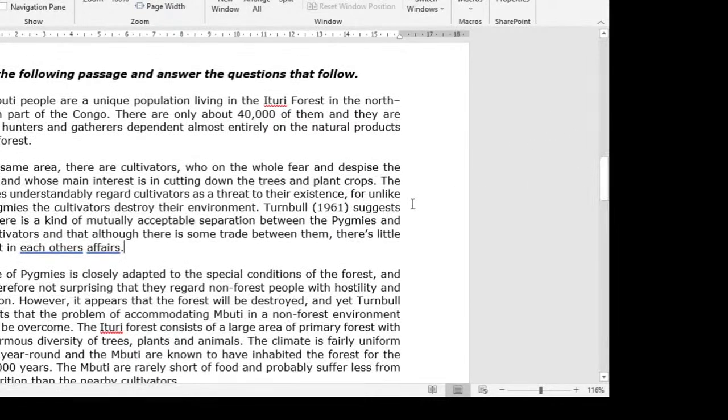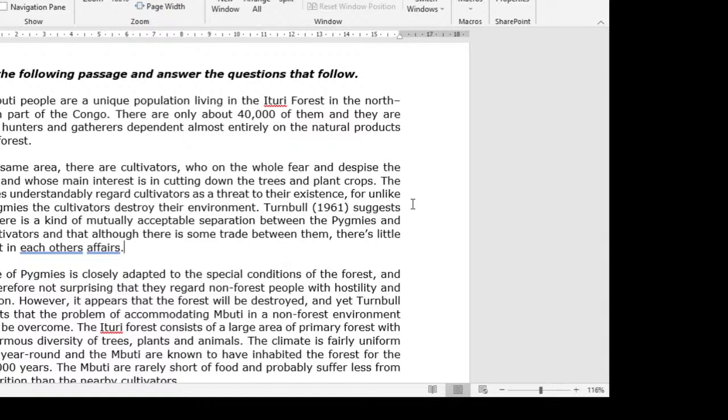Probably when you go to the second paragraph, there is nothing of importance. Instead, we have a threat. But scroll down to the third paragraph.